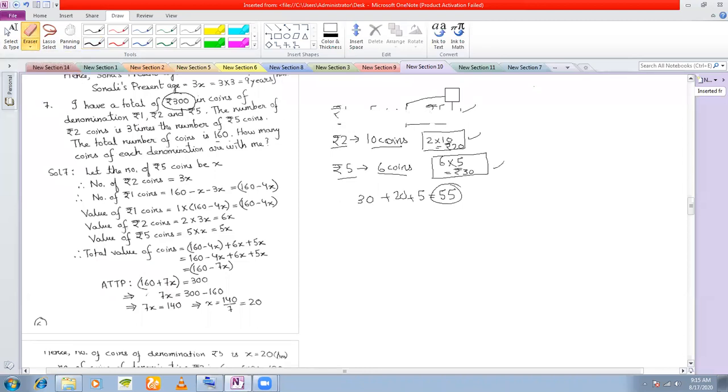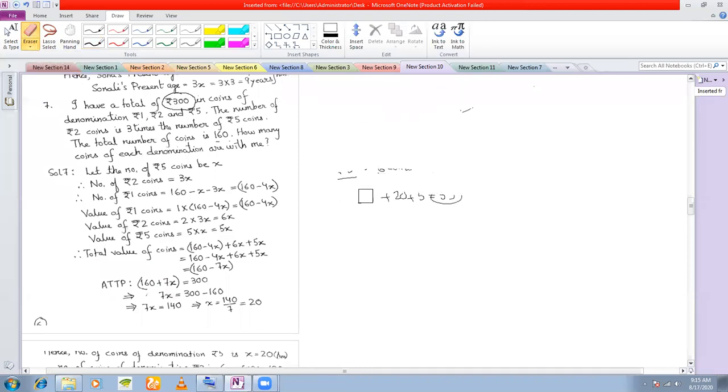Now the relation between the 2 rupee and the 5 rupee coins is given. So let the number of 5 rupee coins be X. So what is the value of these coins?